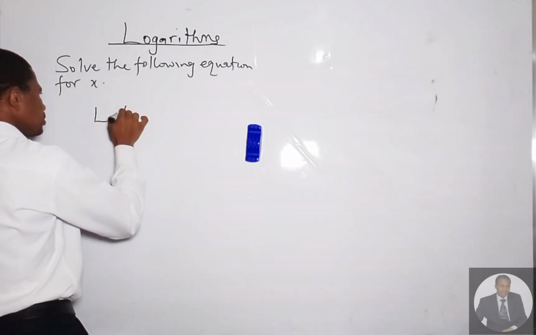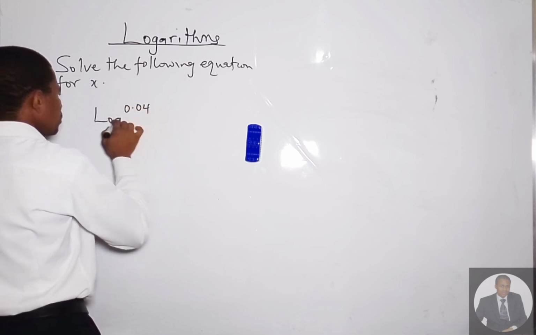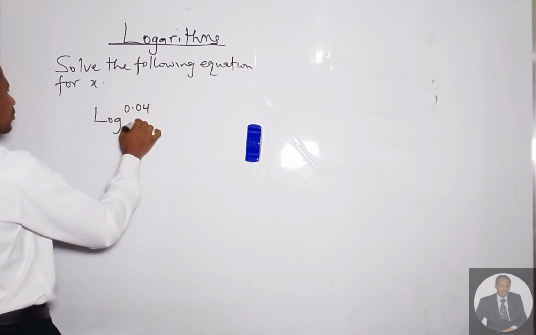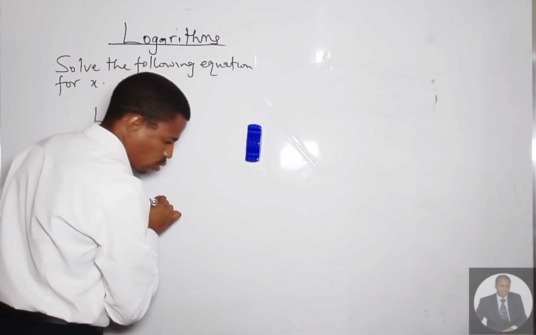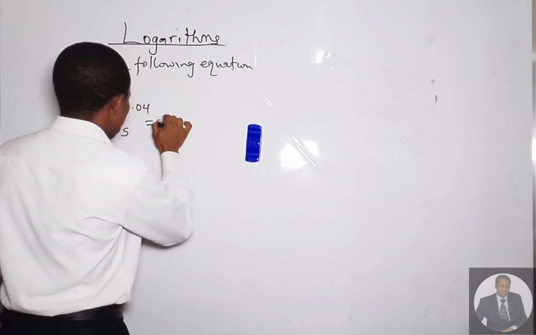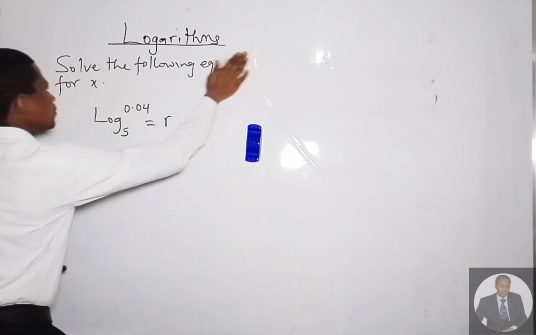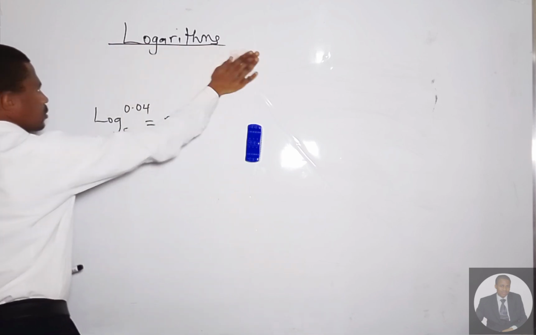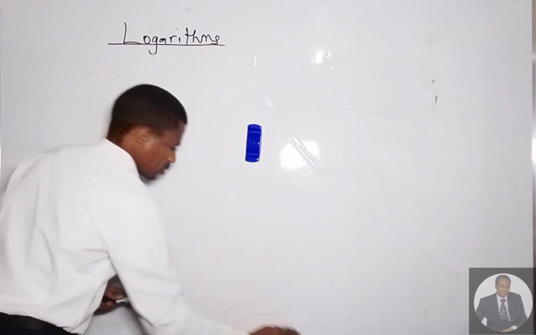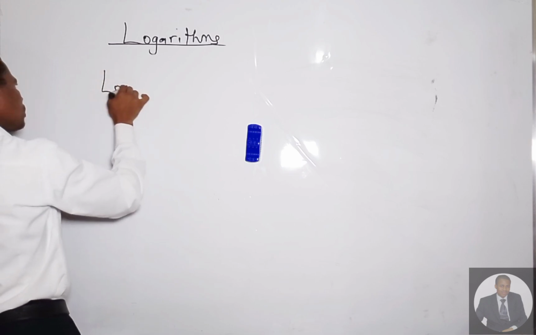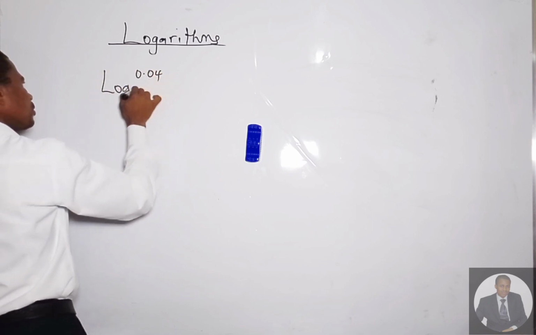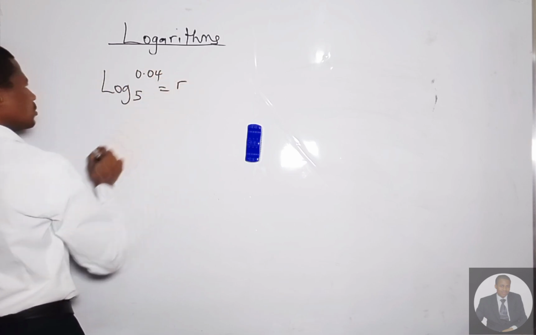Log 0.04 to the base of 5 equals r. How do we solve it?